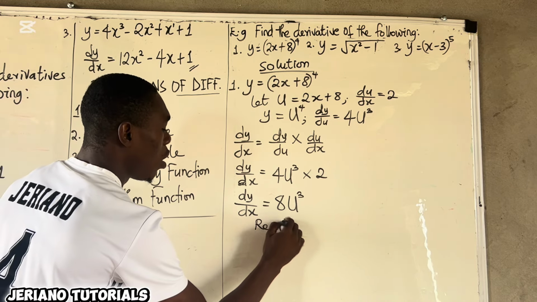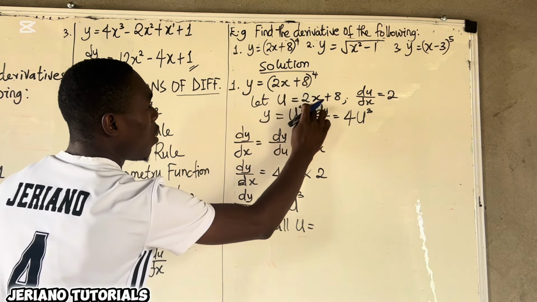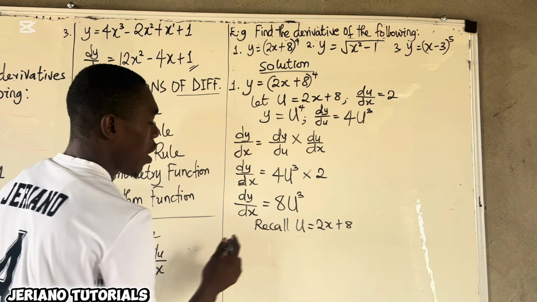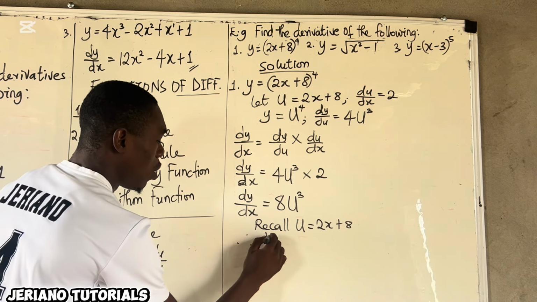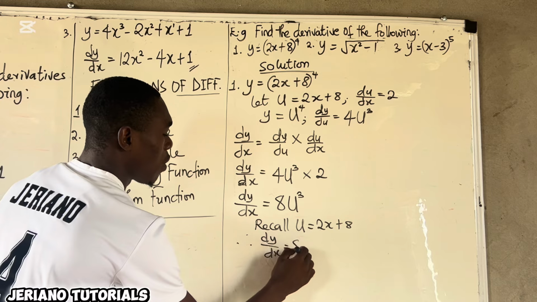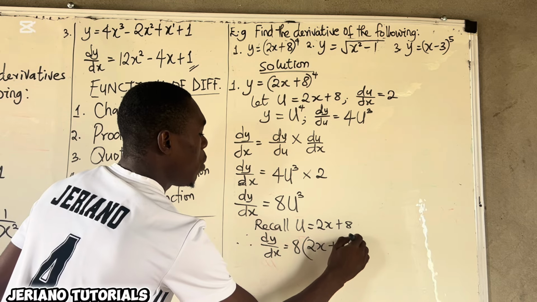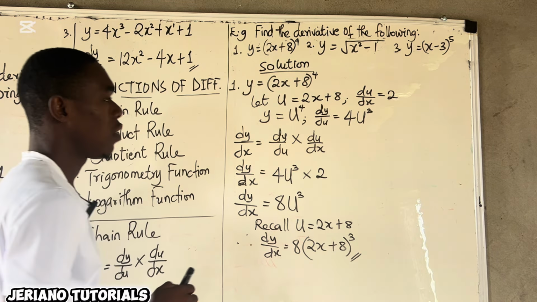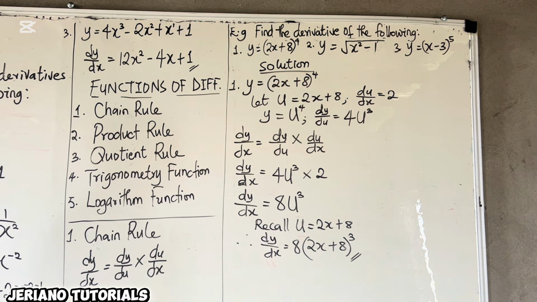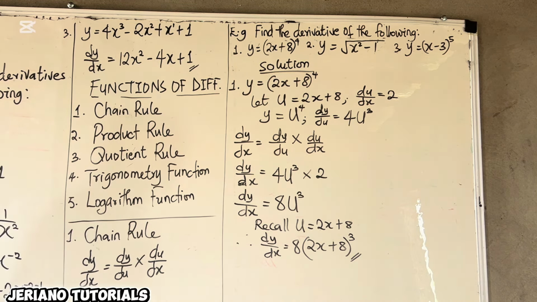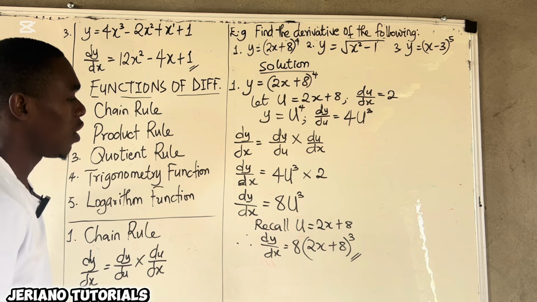Now recall u was formerly 2x plus 8. Therefore, dy/dx becomes 8 bracket 2x plus 8 raised to the power of 3. That is our answer. There is also a simpler way, but when we get to the product rule, I'll tell you what to do. Let's just master this and then continue.